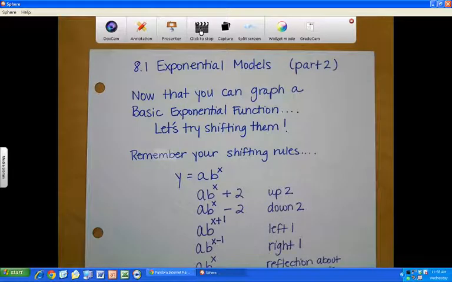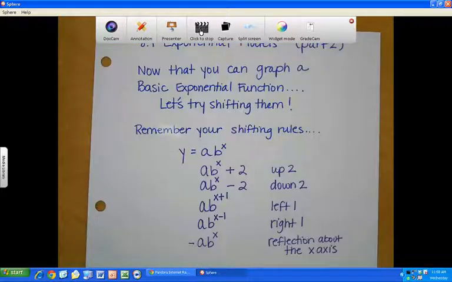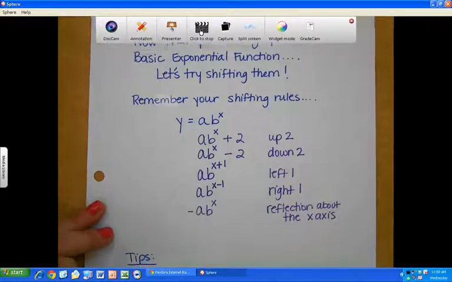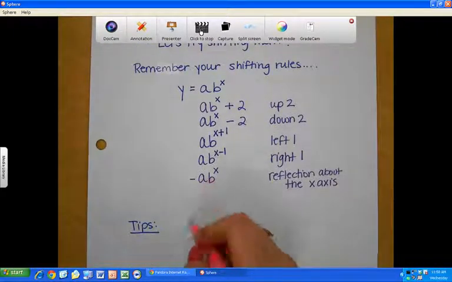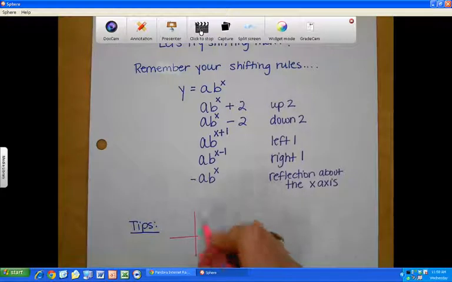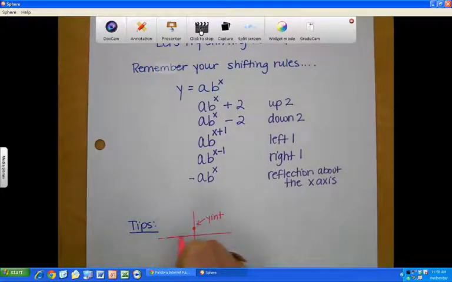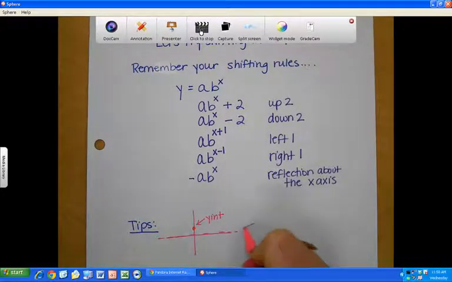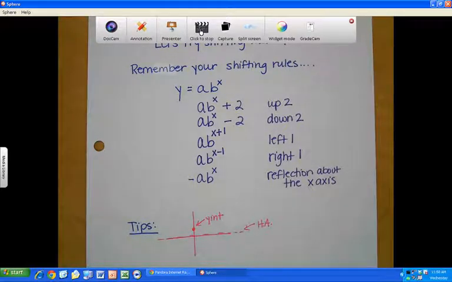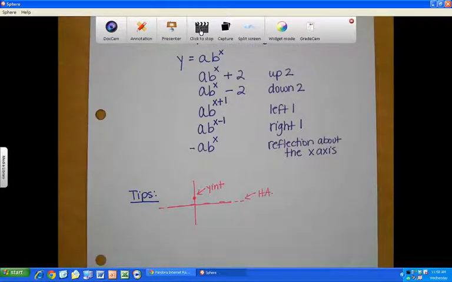Okay. All right. So now that you guys know that, just some basic tips for you. With exponentials, as you know, you always have two main things that are moving. You have your y-intercept that moves, and then you also have your horizontal asymptote that moves. Once you shift those, then you can just sketch your exponential function, whether it be growth or decay, given those basic elements.